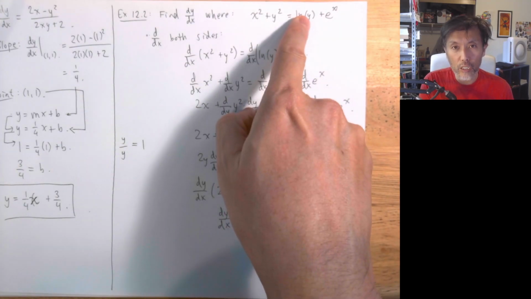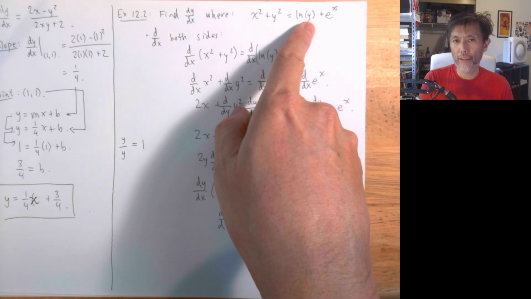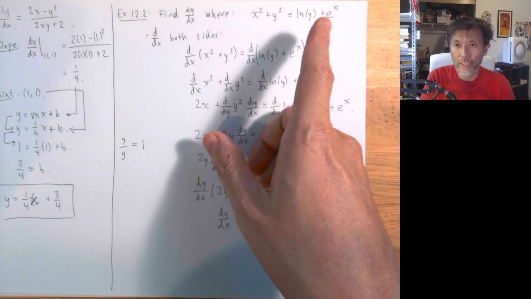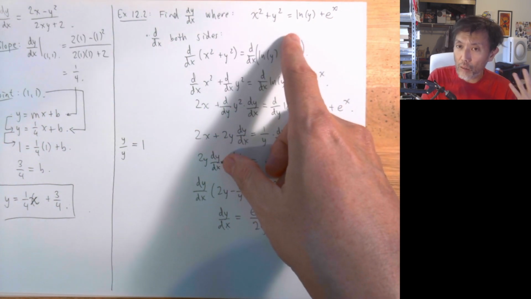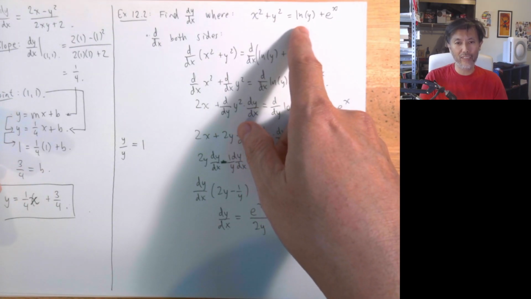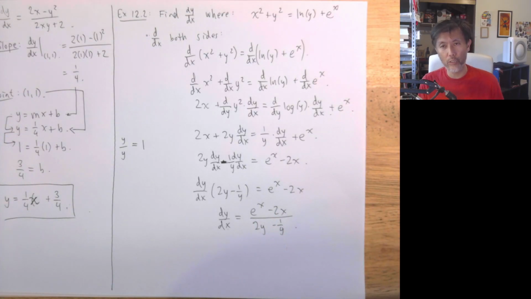Look up here. We have the natural log of y there. So implicitly, we didn't explicitly write it down with our pen, but y can't be 0. That's already restricted by the fact that we have the natural log of y sitting here. Why? Because the natural log of 0 doesn't exist.